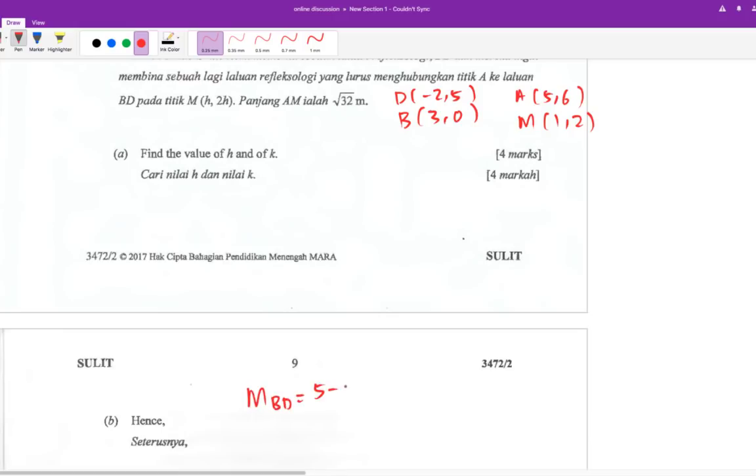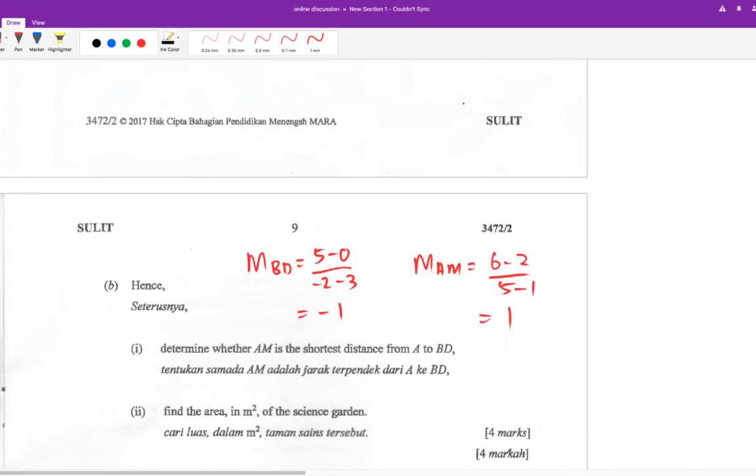Basically, I use 5 minus 0 over -2 minus 3, which is 5 over -5, which is -1. Then I find the gradient of AM. I use 6 minus 2 over 5 minus 1, which is 4 over 4, which is 1. Then I multiply the gradient of BD by the gradient of AM, and I get -1 multiplied by 1, which is -1.